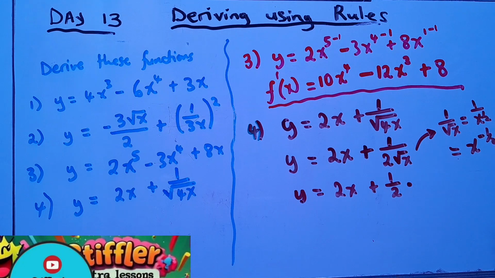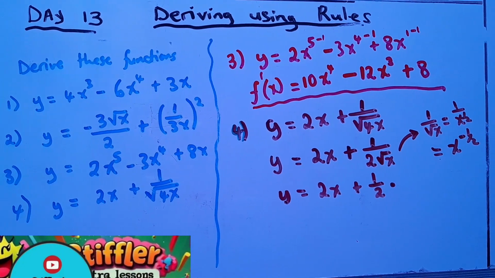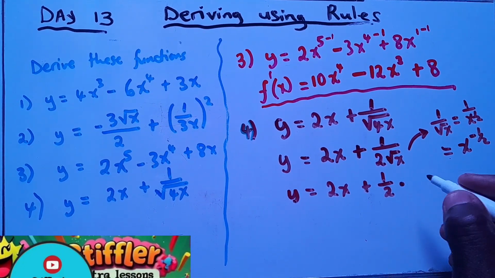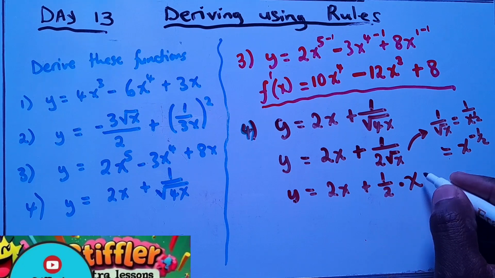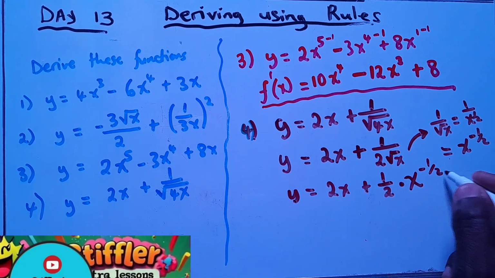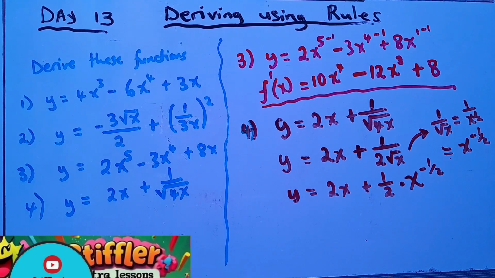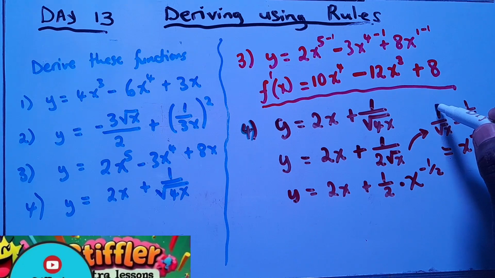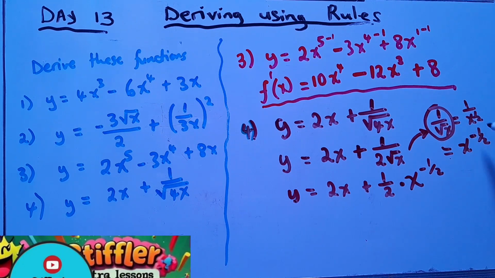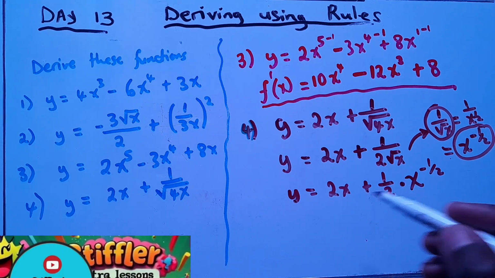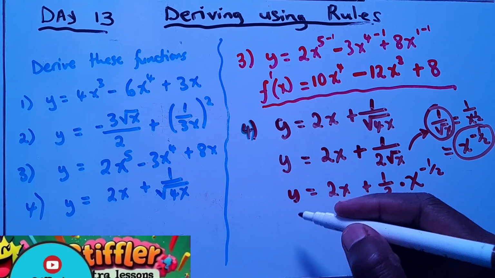So we can just put our x to the power negative half where it is supposed to be here. So this is x to the power negative half. So you saw how we moved from this to here, and also lastly to there, right? So now it is in a straight line form, so now we can derive.